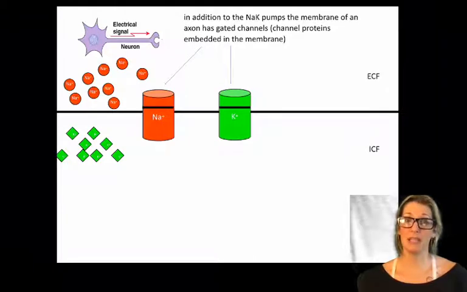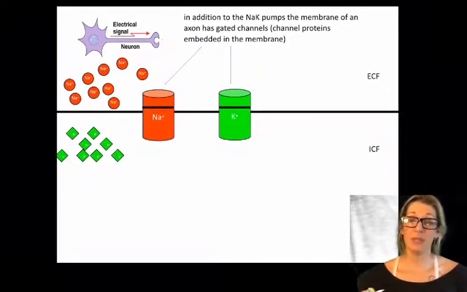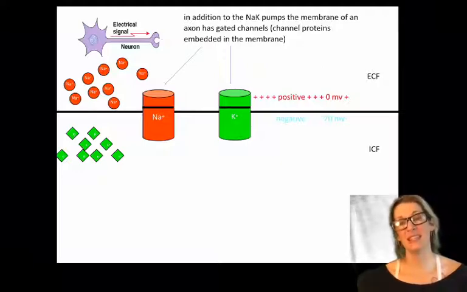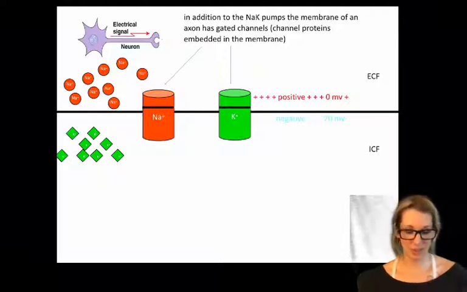There are sodium channels and potassium channels, and these are critical to the action potential. And also reminding you, extracellular fluid is positive relative to the intracellular fluid at negative 70 millivolts.